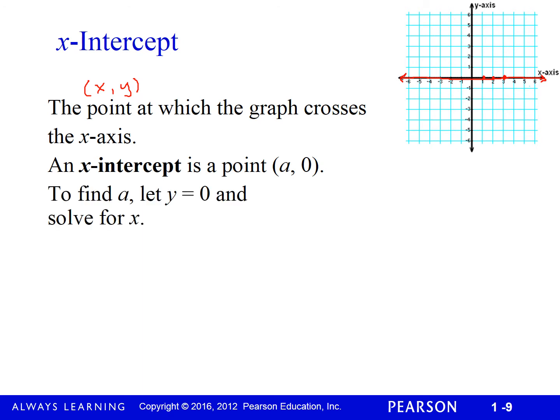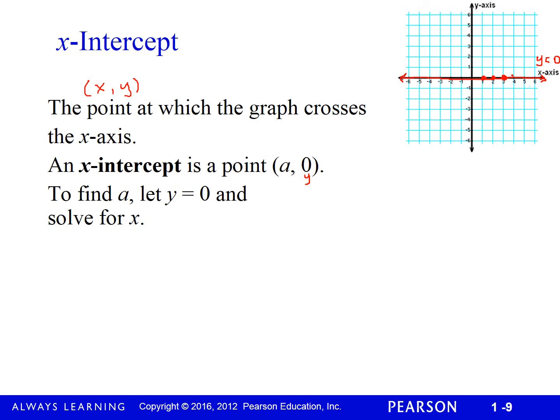To find a, we let y equal 0. y equals 0 when you're on the x-axis, right? All these points that we plotted, these are (something, 0), and y is 0 in that case. So it's interesting that the equation of the x-axis is y equals 0.